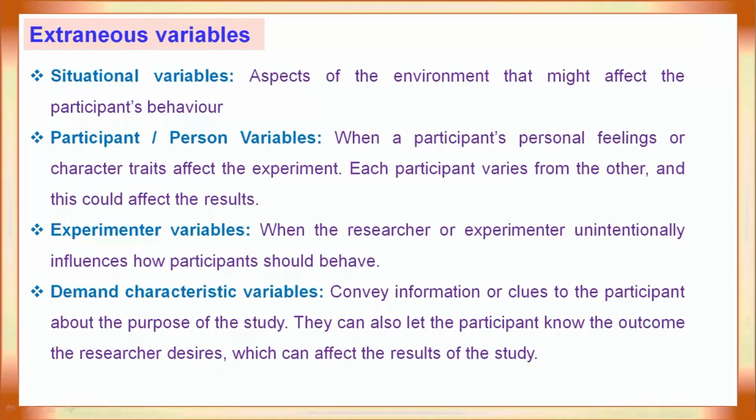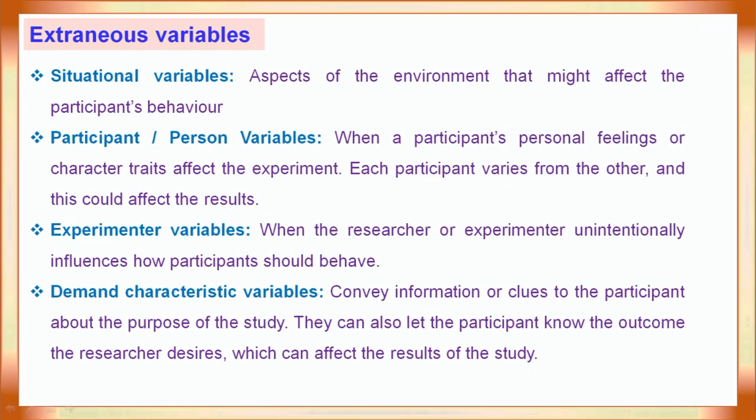For example, if the participant perceives that maybe this study is being carried out on honesty, he will start to behave in a more honest way than he usually does every day. So, that is the demand characteristics type of extraneous variable.